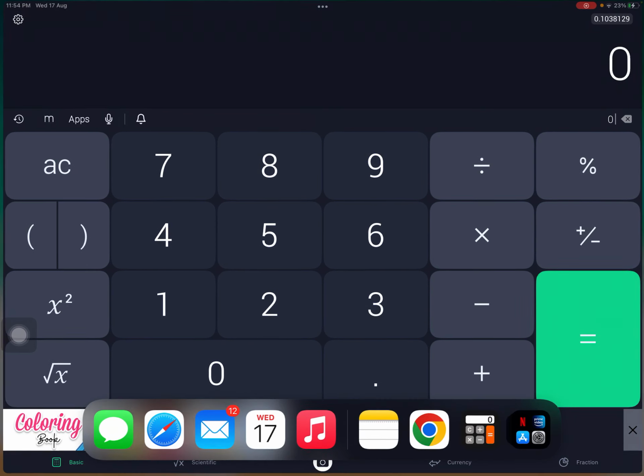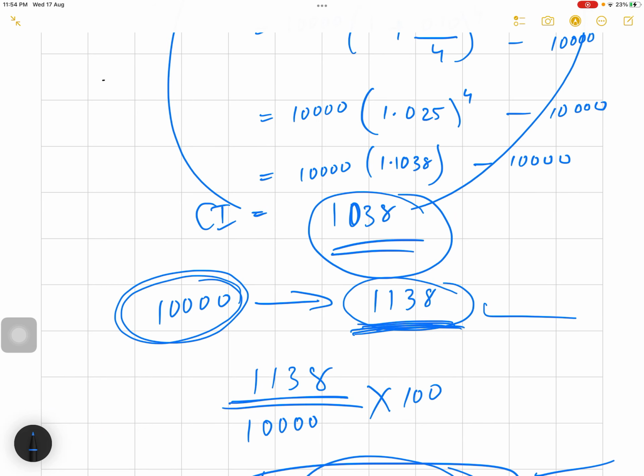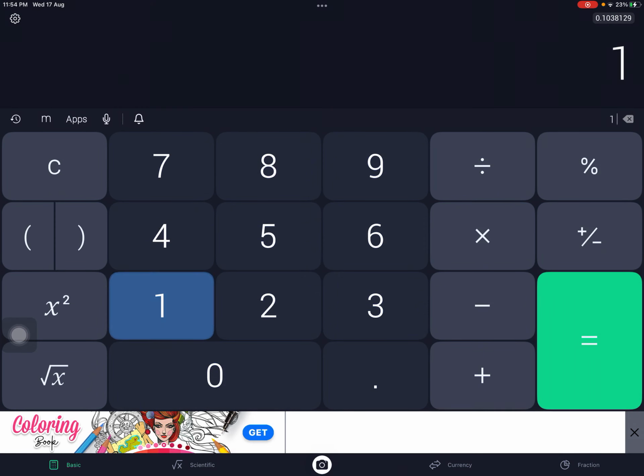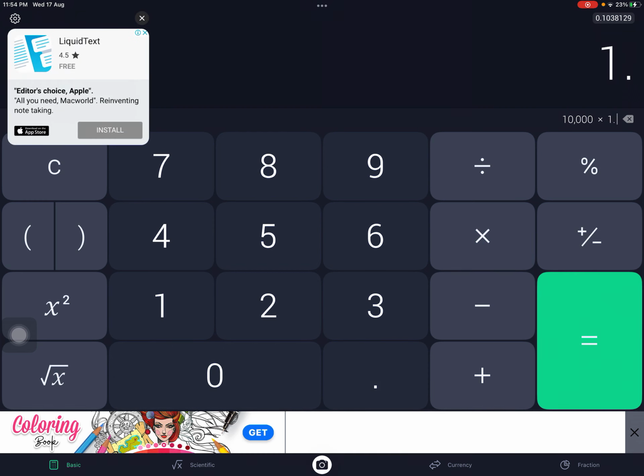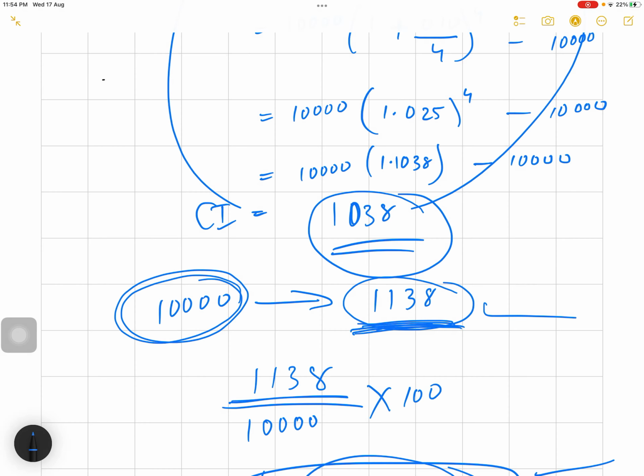See, $10,000 into 1.1038, minus 10,000, comes to 1038.